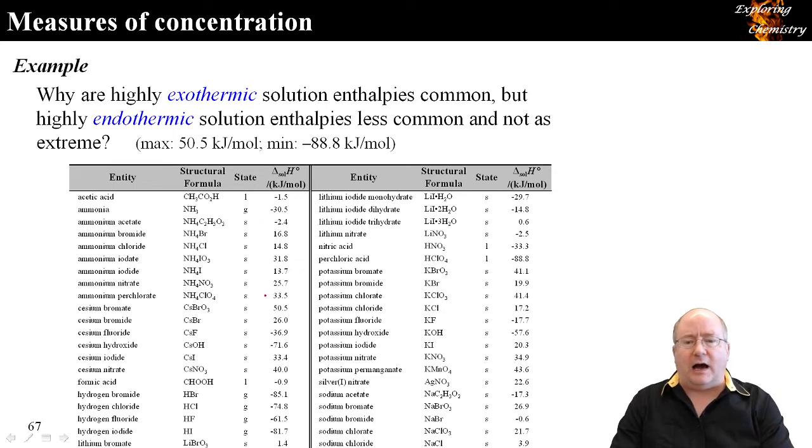There's not a lot of endothermic energies above 30 kilojoules per mole. The exothermicity is negative 88.9 kilojoules per mole, and there are a good number of exothermic reactions below negative 30. Why is that the case?